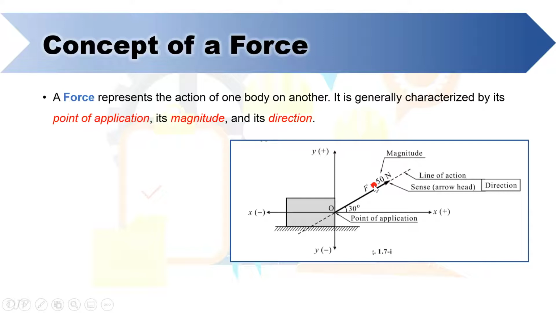So that defines the magnitude of the force. And lastly, the direction of the force, which is described by the line of action and arrowhead. So the line of action is this dashed line, and this is the arrowhead of the force.